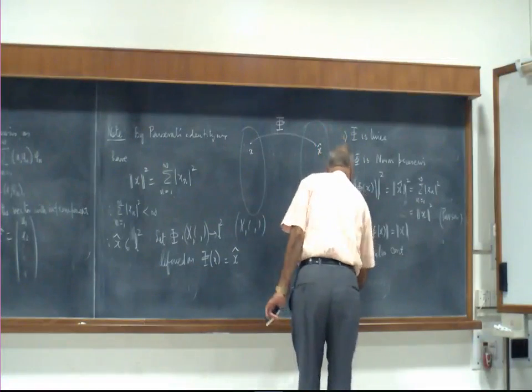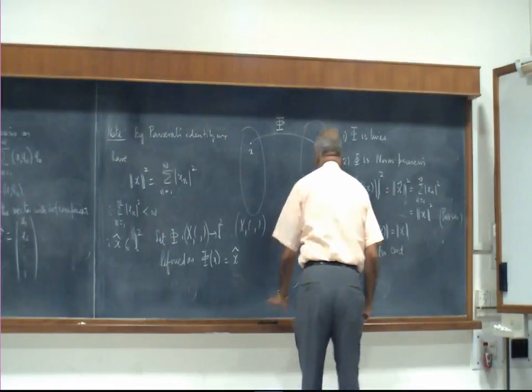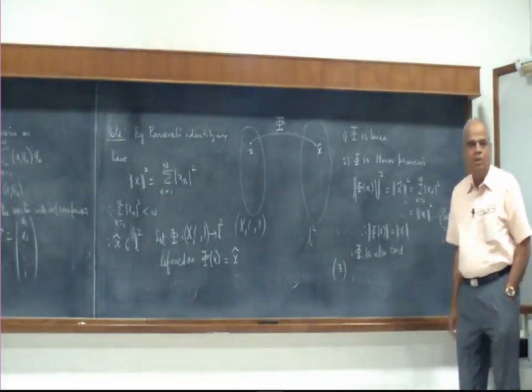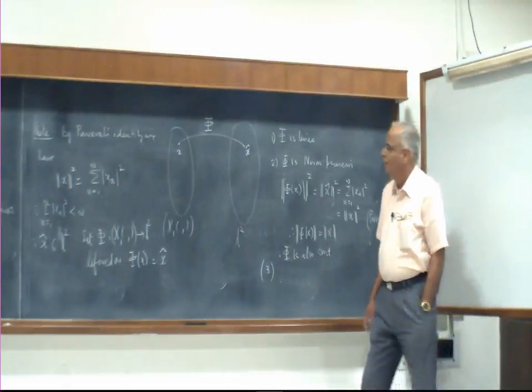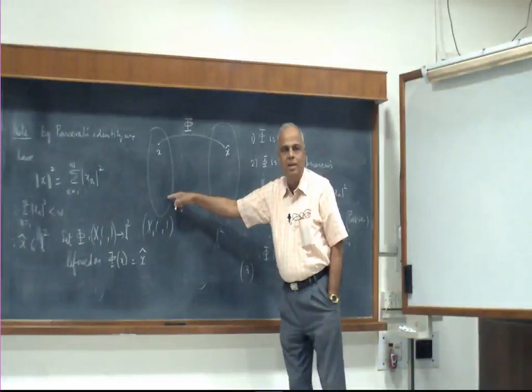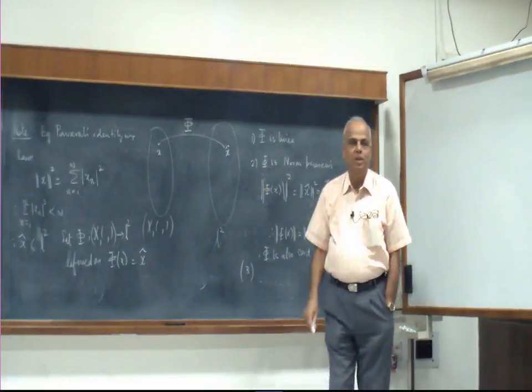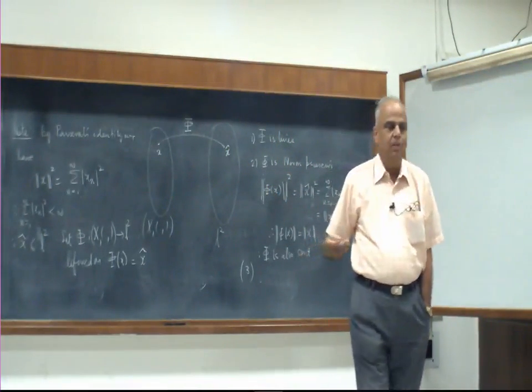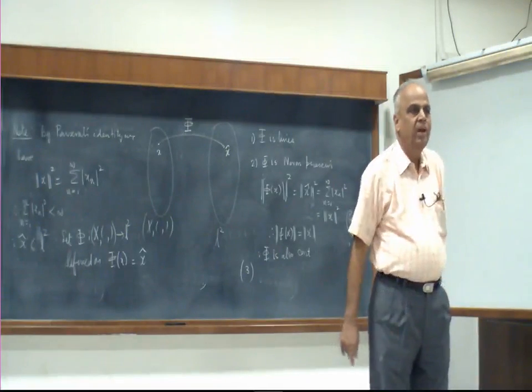Number 3, this digitization is 1-1. There is no confusion about the code. If x is not equal to y, x hat will not be equal to y hat, or x hat equals y hat if and only if x equals y.